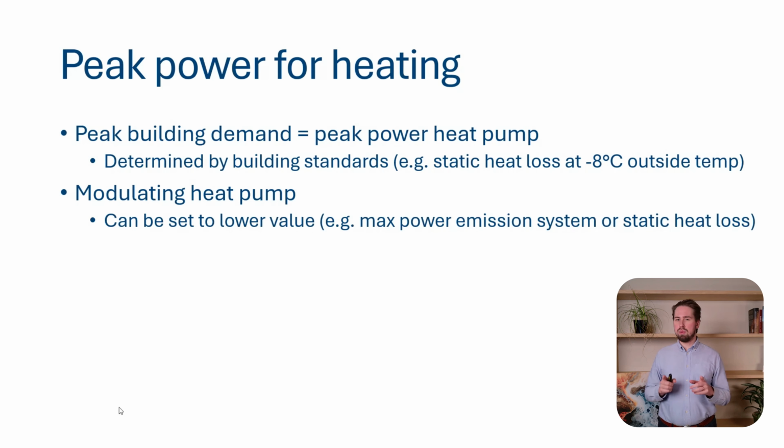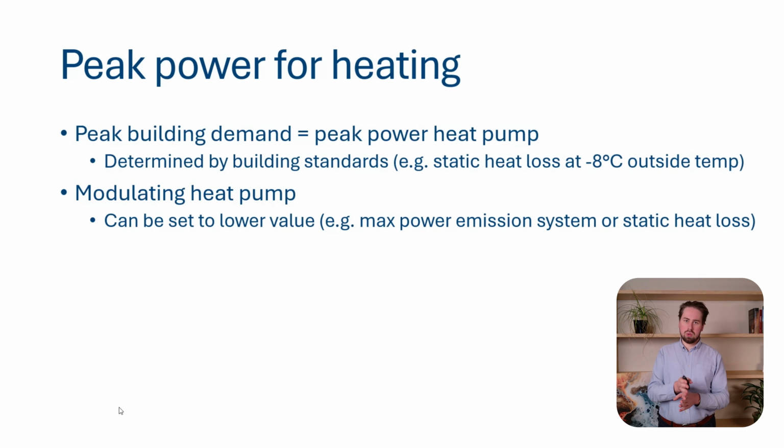Now, when you have a modulating heat pump, the story is a little bit different. Because, for example, if you have a static heat loss of 7 kilowatts of your building, the maximum theoretical heating demand, and you install a heat pump of 8 kilowatts, this heat pump of 8 kilowatts can actually give or demand 8 kilowatts from the ground, depending on its internal control strategy, etc. So it's important because you can also limit this modulating heat pump to only work with 7 kilowatts.